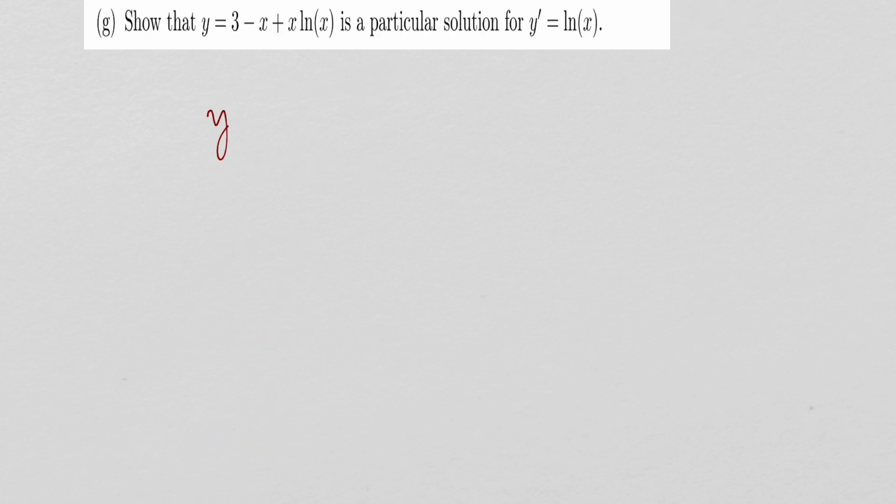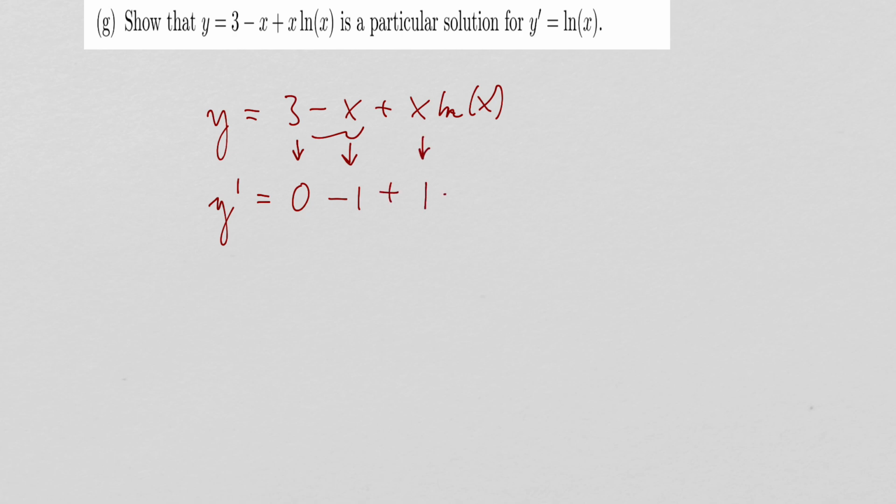In G, our function is 3 minus x plus x ln of x. Let's differentiate. Derivative of 3 is 0. Derivative of minus x is minus 1. Then by the product rule, derivative of x is 1.